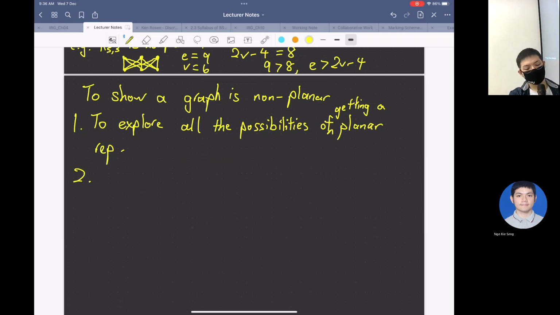Two, use the contrapositive of coloring.